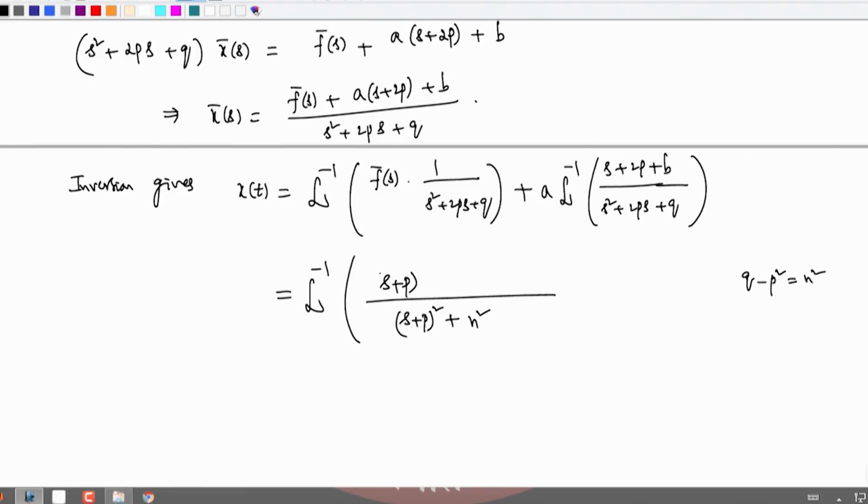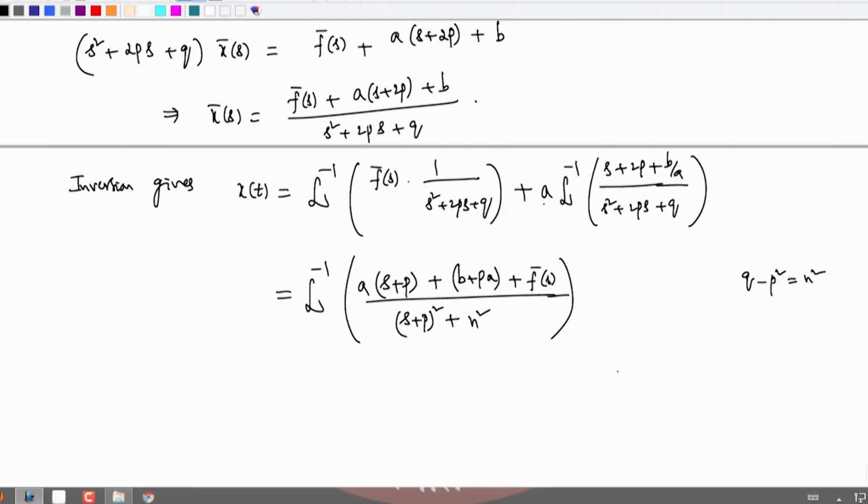Times s plus 2p, so you have a here. a comes out, a times s plus p plus b plus p, that is anyway a constant. So b becomes b by a, and you have b plus pa, which is a constant, plus f bar of s.